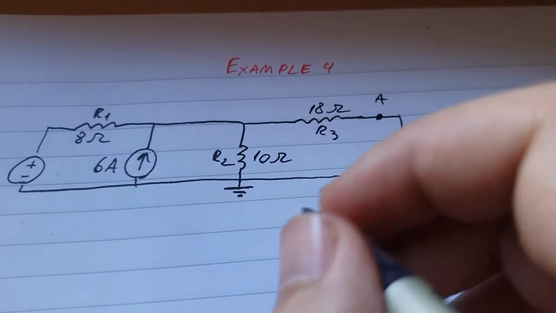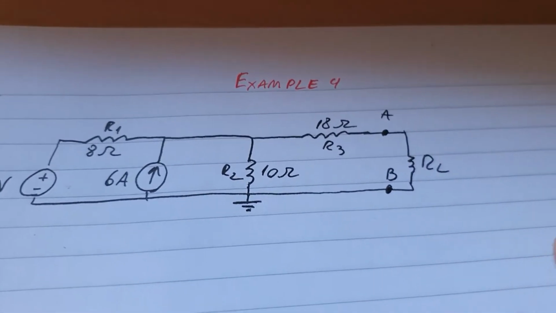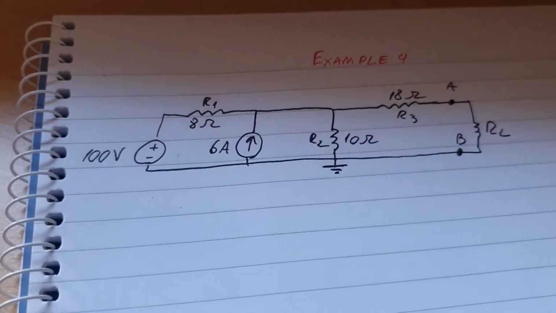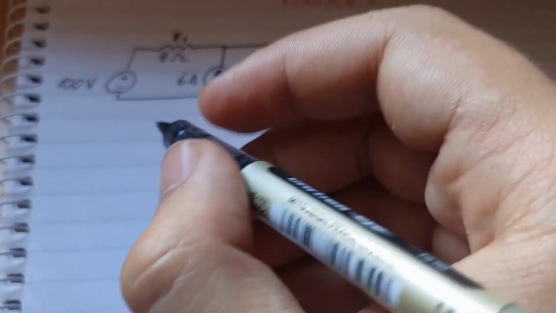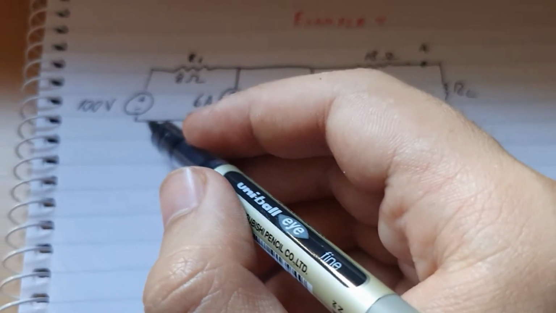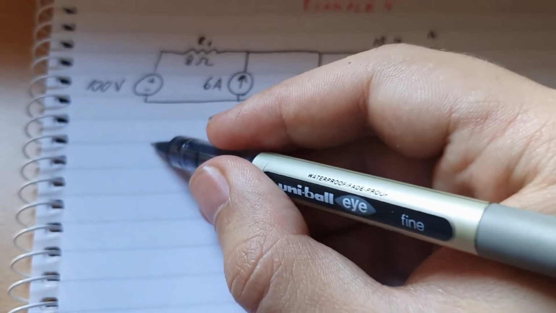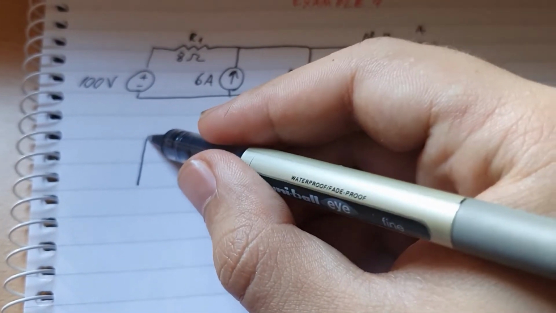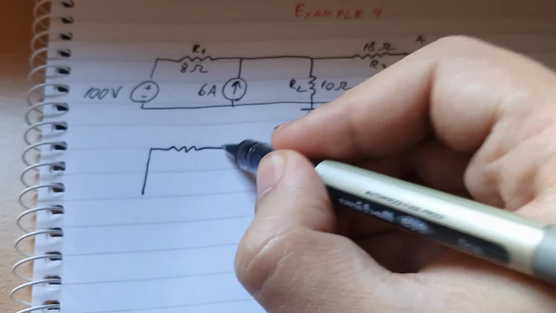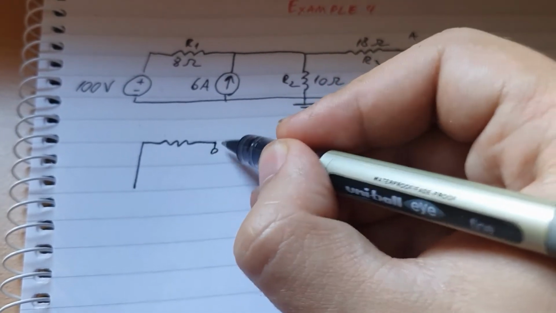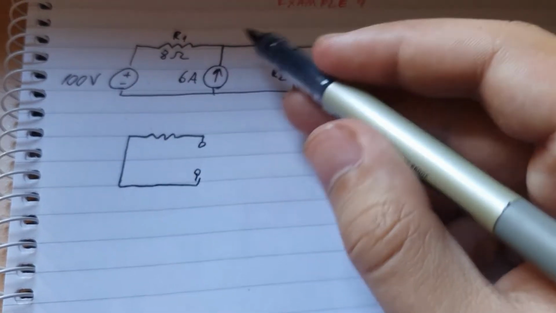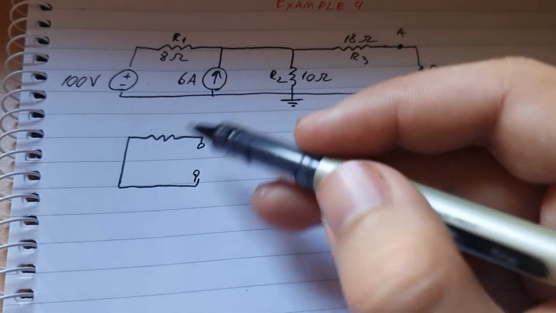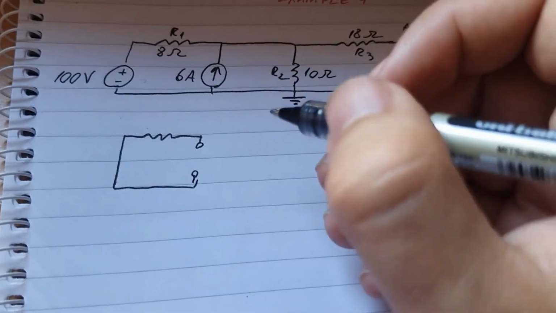Alright, now let's find RTH. So we can simplify this circuit, not really simplify it, we transform this circuit into the following. There's a DC, therefore this one becomes a short, there's a resistance of 8 ohms, and here it's nothing, this one it's an open, because as you know from superposition, it's a current source, so it's an open circuit in here.